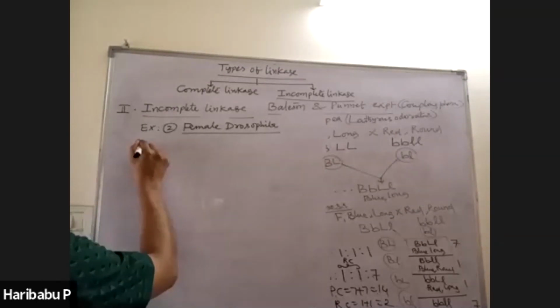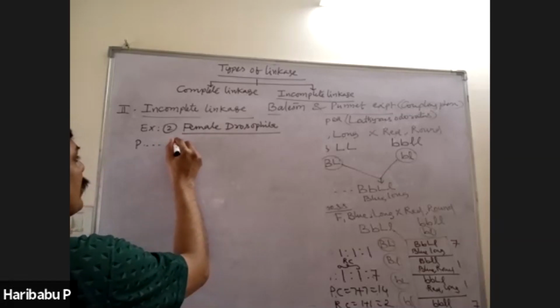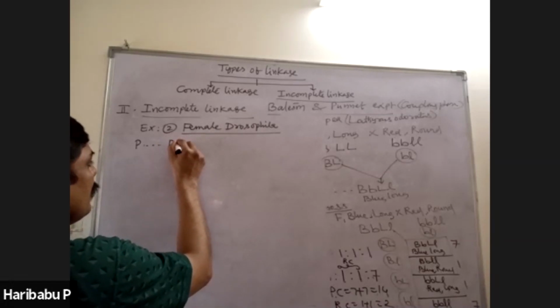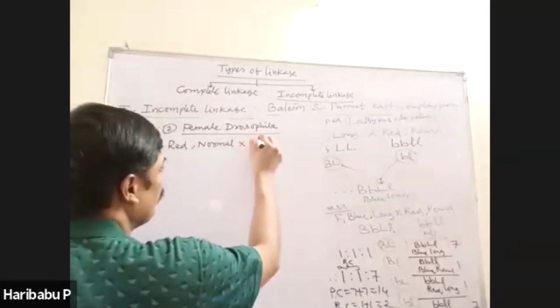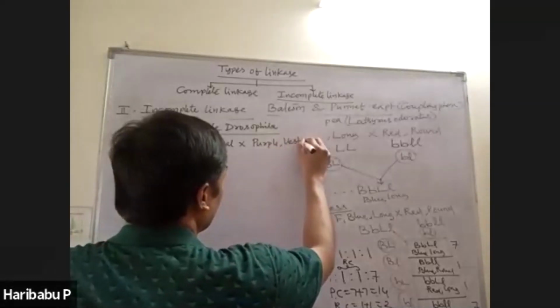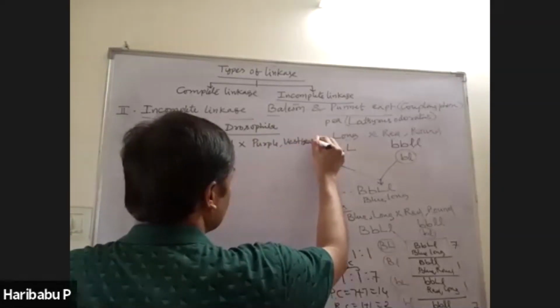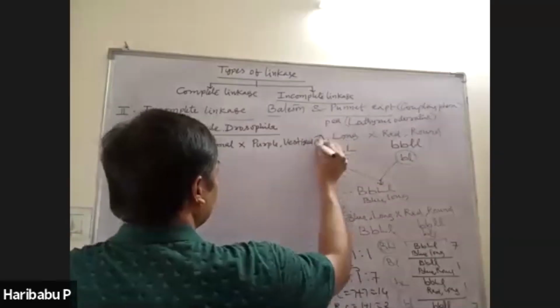Here Morgan crossed red normal with purple vestigial. This is female, this is male.